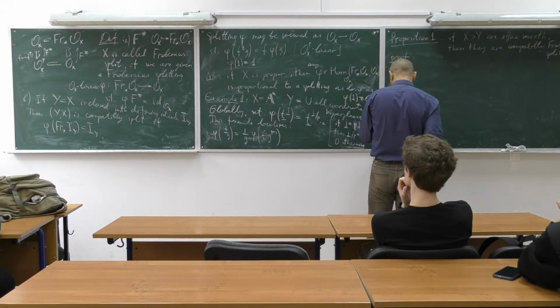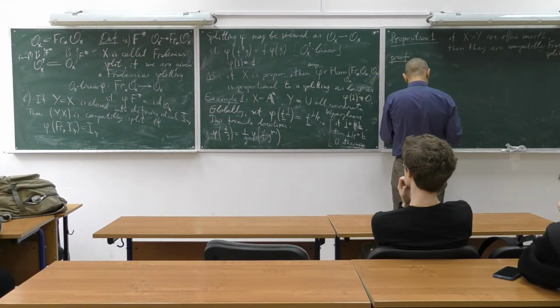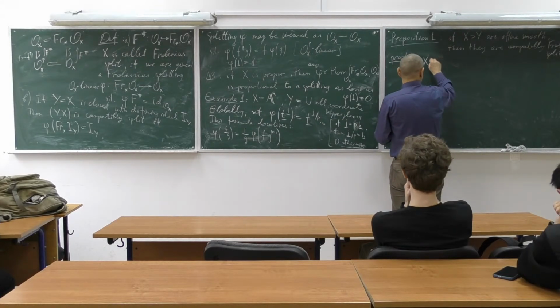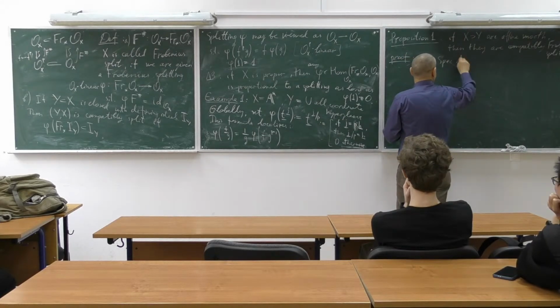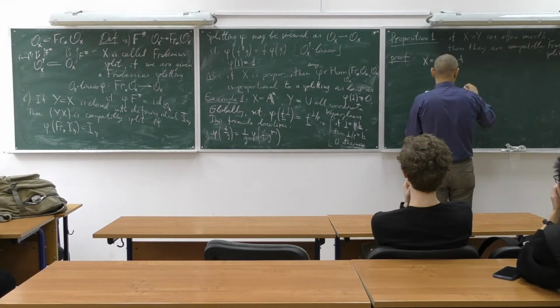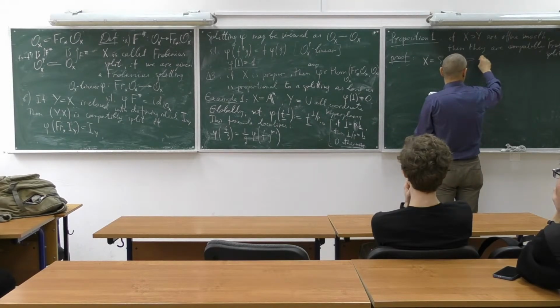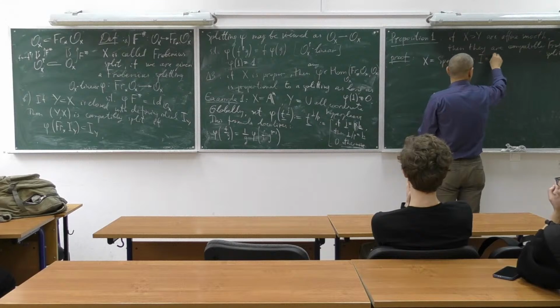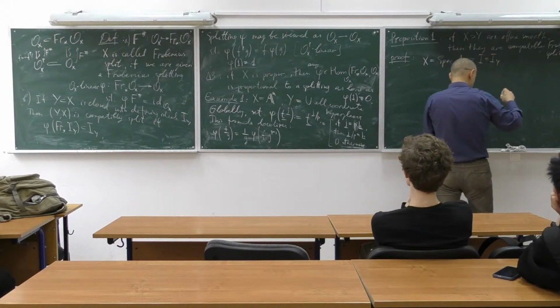For the proof, we say that X is the spectrum of some algebra, and it contains the ideal A, the defining ideal of Y.